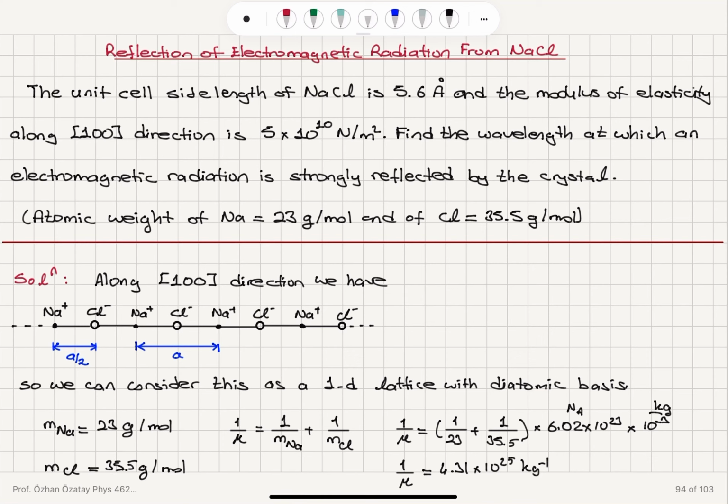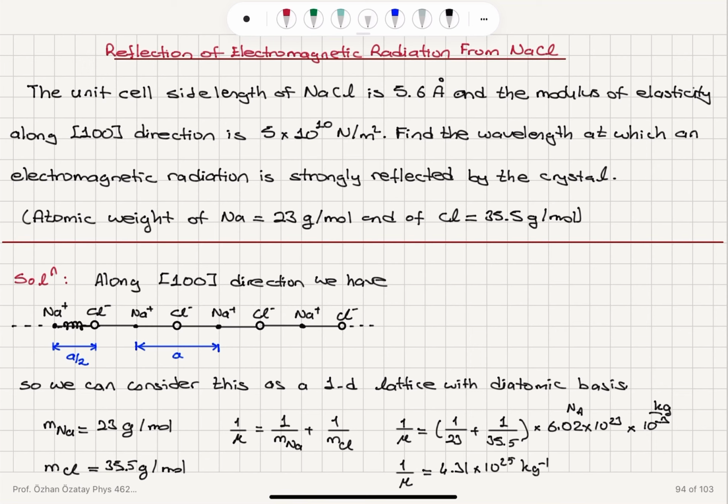The distance between consecutive sodium and chlorine ions is a over 2. Between two consecutive sodium ions is a. We can calculate the effective mass for the spring that connects sodium plus to chlorine minus, so we're considering the bond between them to be a spring.